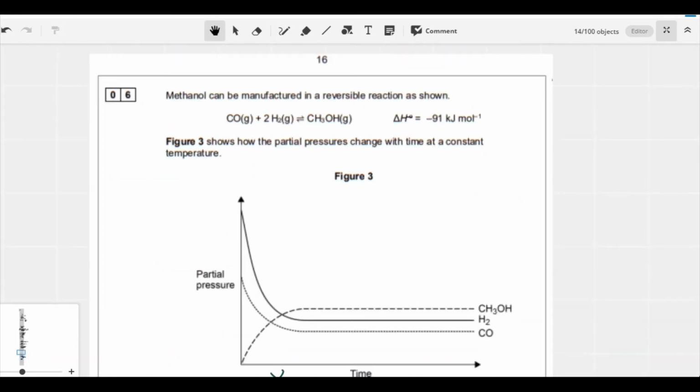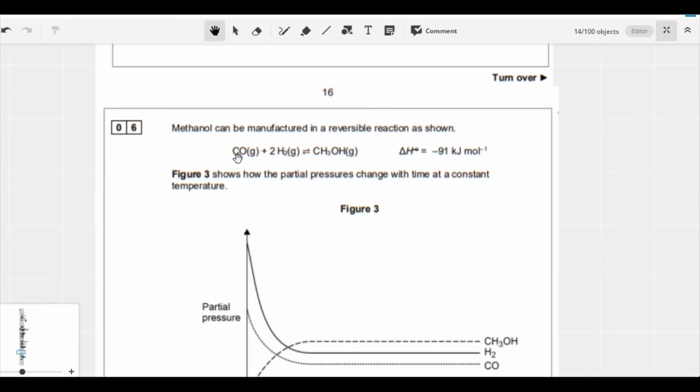You can see in the equation as well, 1 mole of carbon monoxide and 2 moles of hydrogen form 1 mole of methanol.